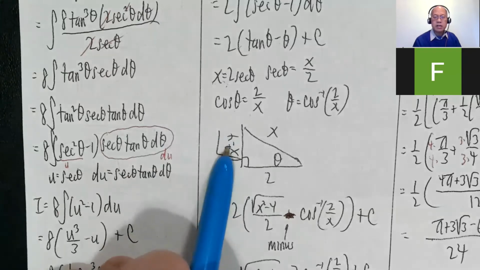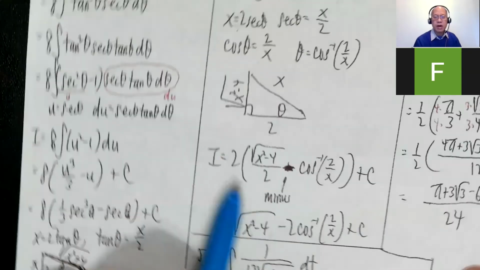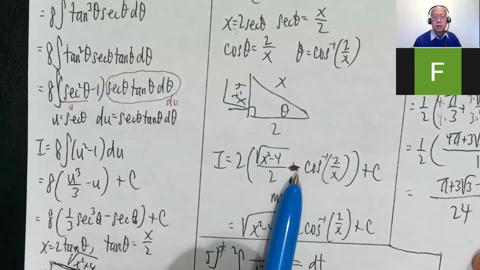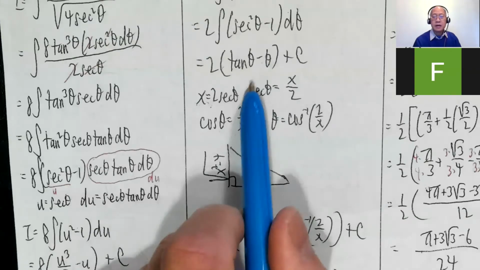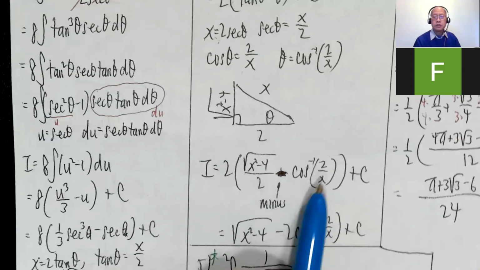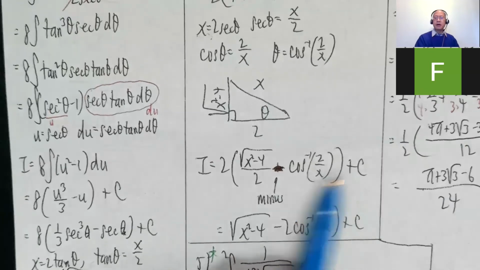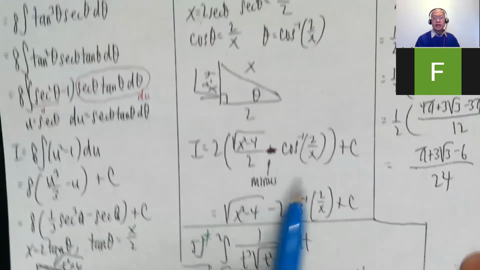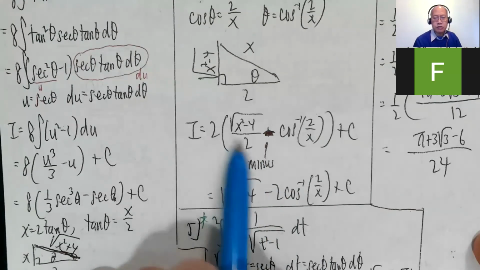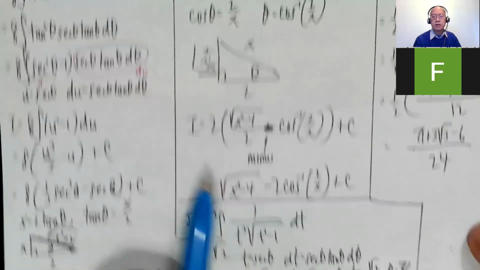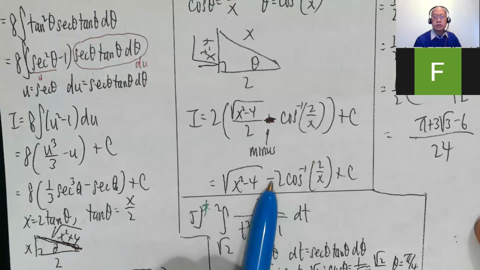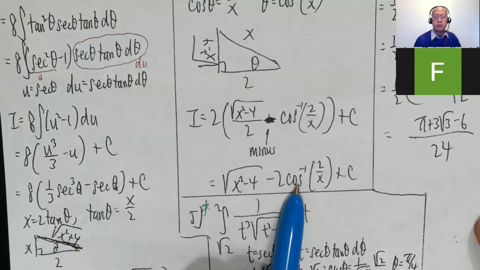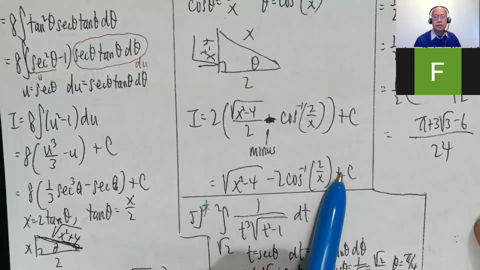So radical x squared minus 4 divided by 2, minus theta, which is arc cosine of 2 over x, plus c. That's a minus sign there. You can leave it like that, or alternatively, you can distribute the 2 because I noticed the 2's cancel out. So a good final answer is radical x squared minus 4 minus 2 arc cosine, or inverse cosine, of 2 over x plus c.